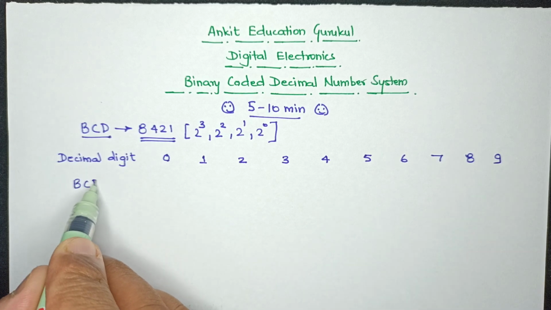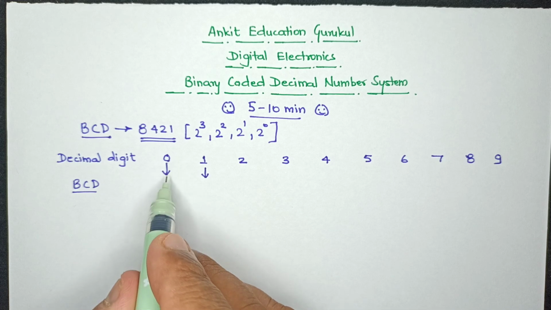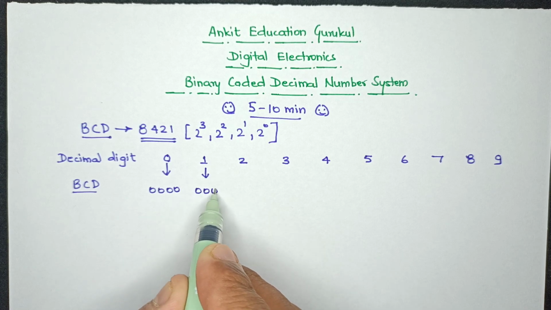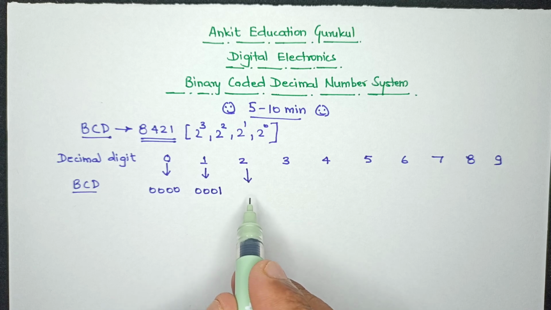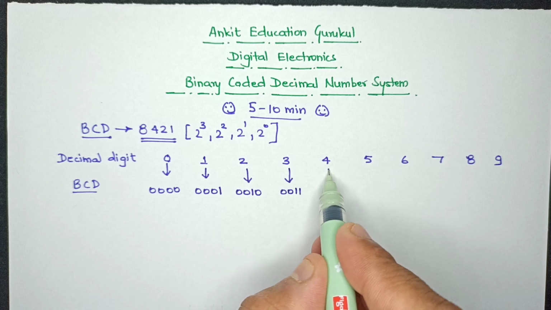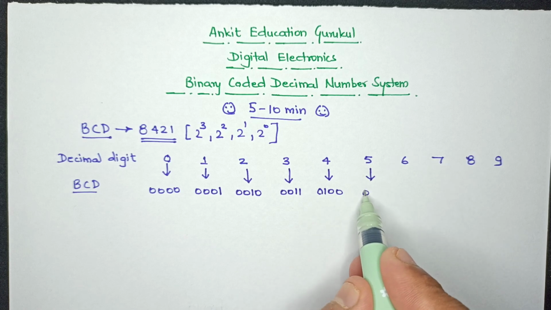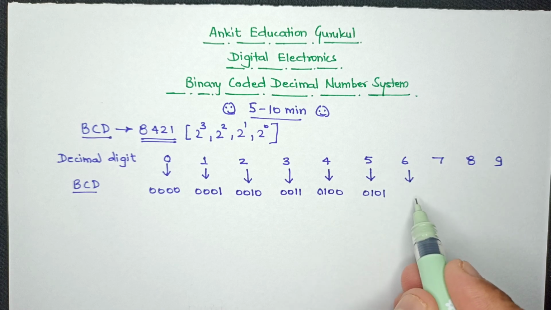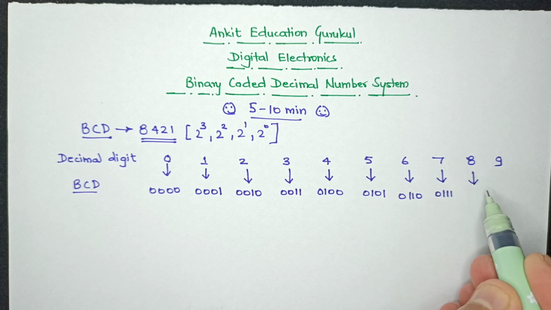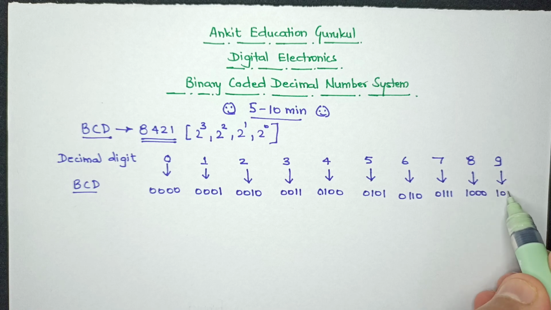In a BCD number system, for each single digit a code is fixed. 0 is represented by a group of 4 zeros, 1 by 0001, 2 by 0010, 3 by 0011, 4 by 0100, 5 by 0101, 6 by 0110, 7 by 0111, 8 by 1000, and last but not the least, 9 by 1001.